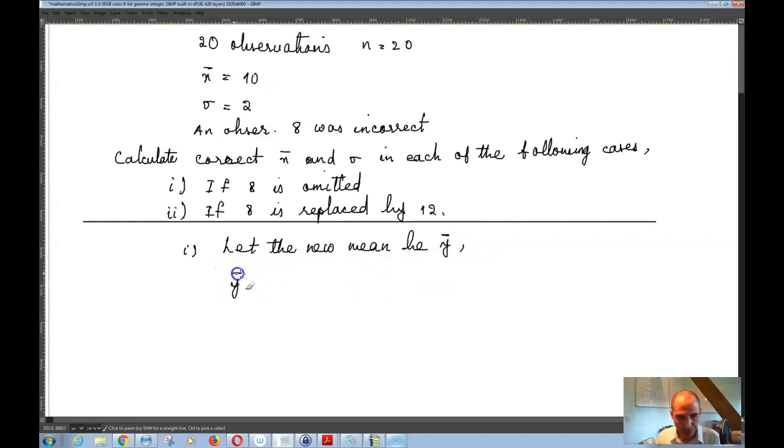Then Y bar is by definition the sum of Y of i divided by the sum of f of i, as i goes from 1 to, now over here you need to be careful because you're taking out one of your observations. Your n was 20, so now your n becomes 19.